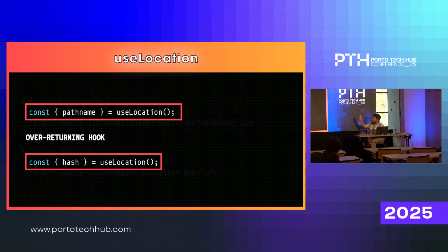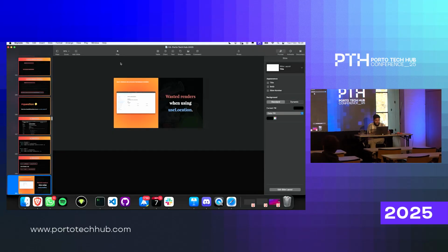One detail about this is that it's an over-returning hook, so it gives us, most of the time, far more information than we actually need. And this doesn't mean, by the way, that it's poorly designed or has any API flaws. That's not the case. But let's see something interesting.